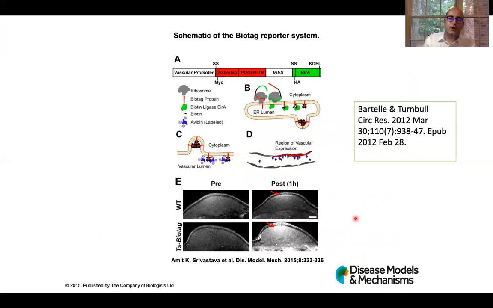This is one of my favorite MRI reporters, mostly because of the level of complexity that was unusual to the MR community, and that was developed by Ben Bartel in the group of Dan Turnbull at NYU.